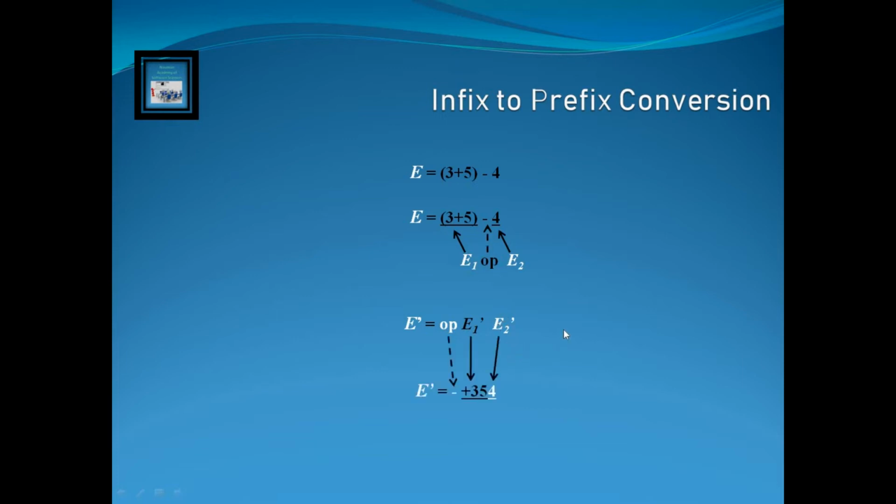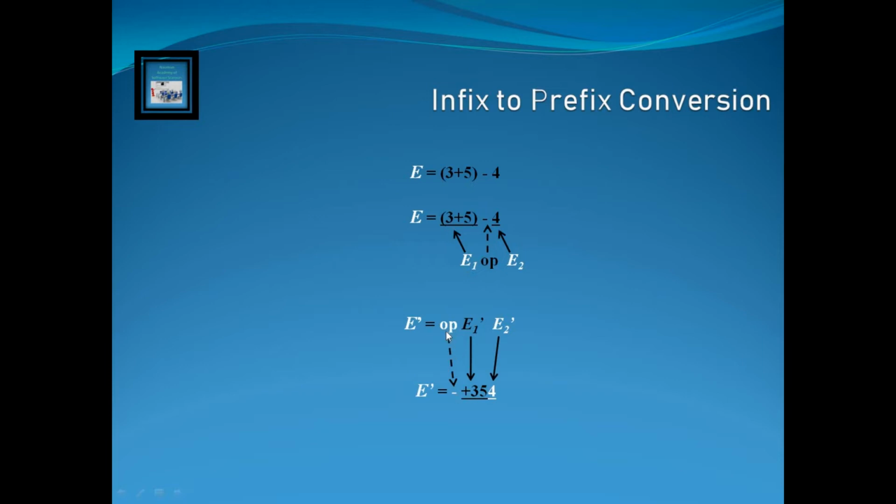So for 3 plus 5 within parentheses, its prefix form is plus 3 5. And similarly, for the e2 sub expression, that is just 4, its prefix form is also 4.